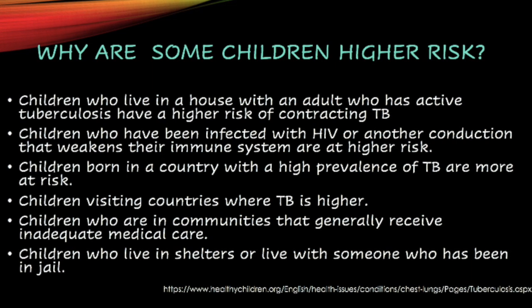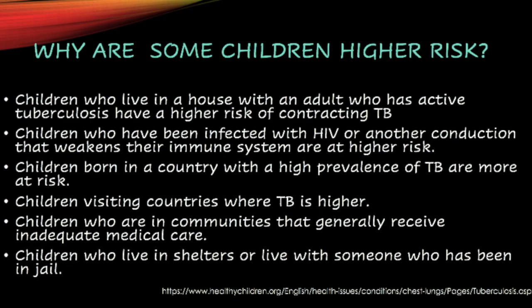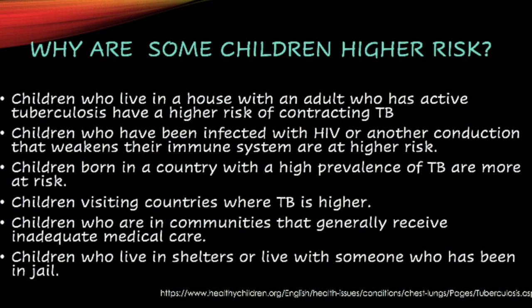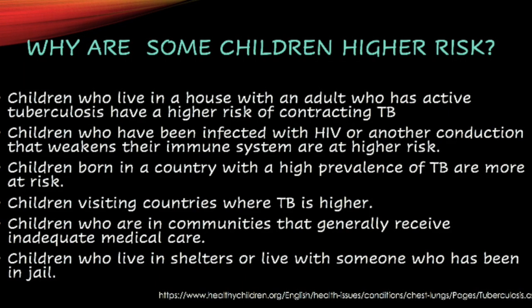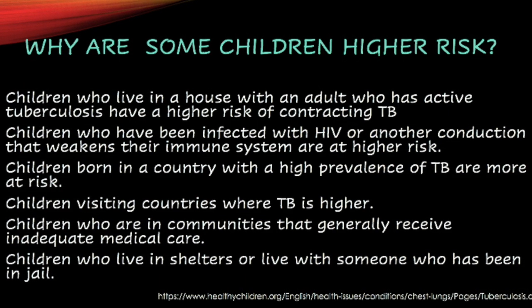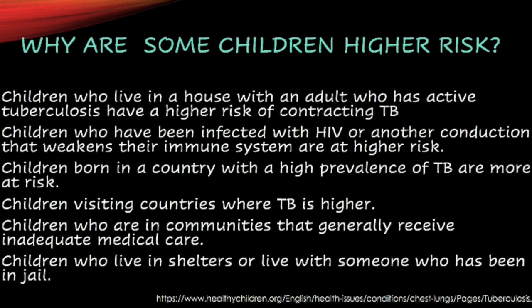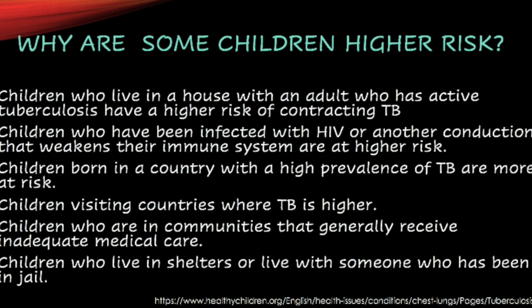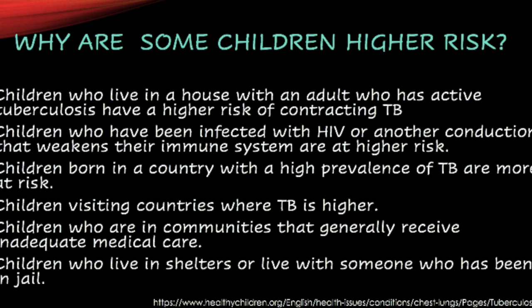Children that have been infected with HIV or other conditions that weaken their immune system are at an even higher risk. Children that are born in countries that have a high prevalence of TB are at risk, and children that visit countries with TB put themselves at risk. Those in communities that generally receive inadequate medical care, like if they're in the homeless population, or they just have very poor health overall, with their parents and stuff, that puts them at risk.